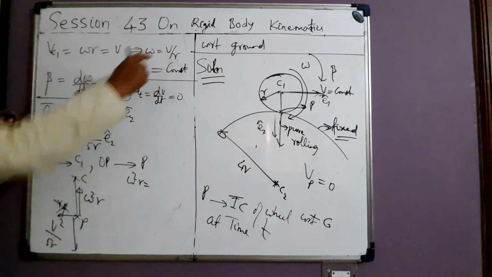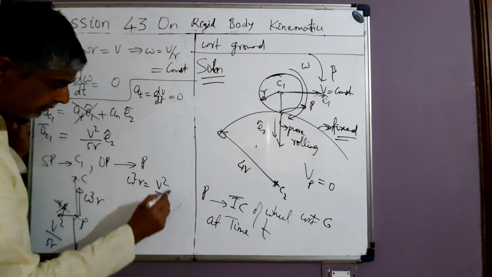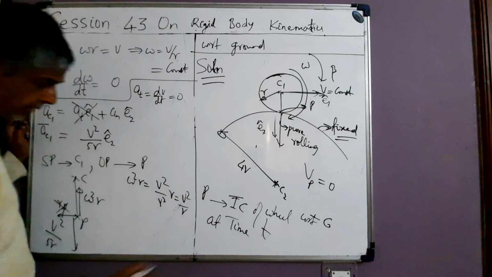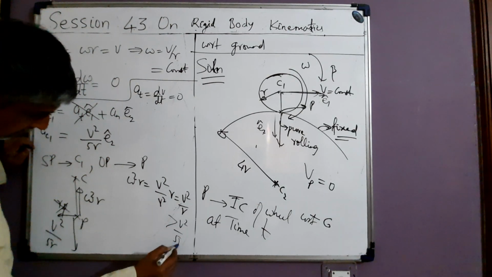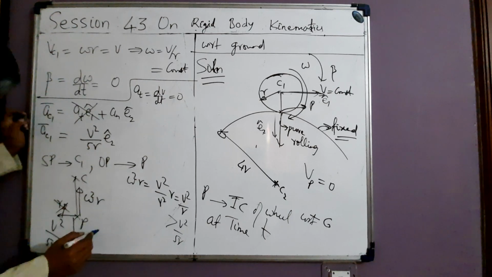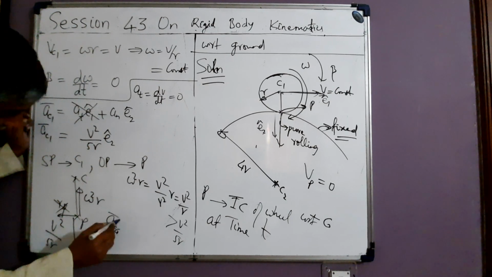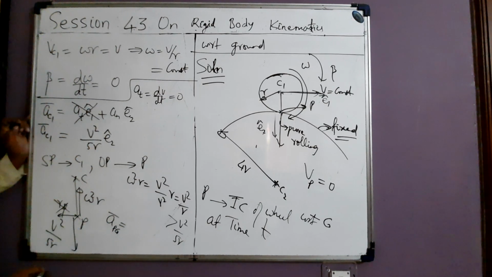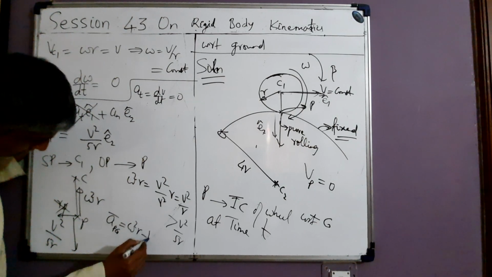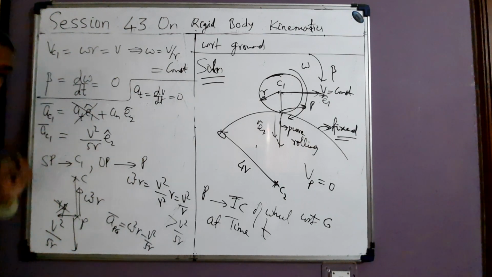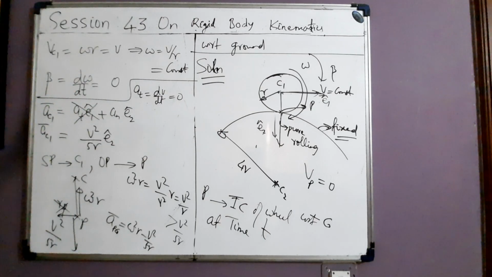Omega is how much? v by r. So this becomes v square by r square into r, v square by r. So this term is more than v square by 5r. So the acceleration of P with respect to ground, that is the acceleration of IC with respect to ground, is simply the vector sum of these two. So this is just equal to omega square r minus v square by 5r.